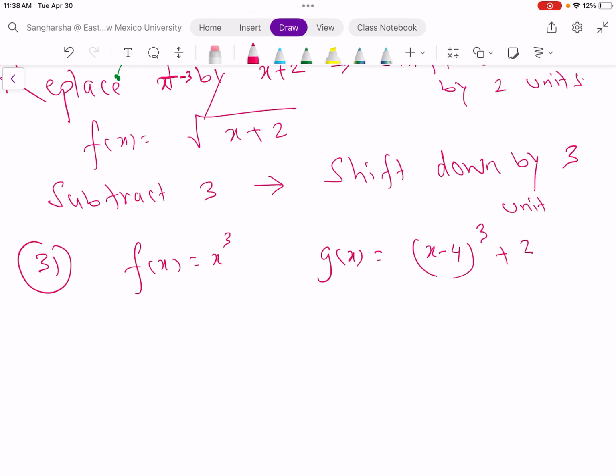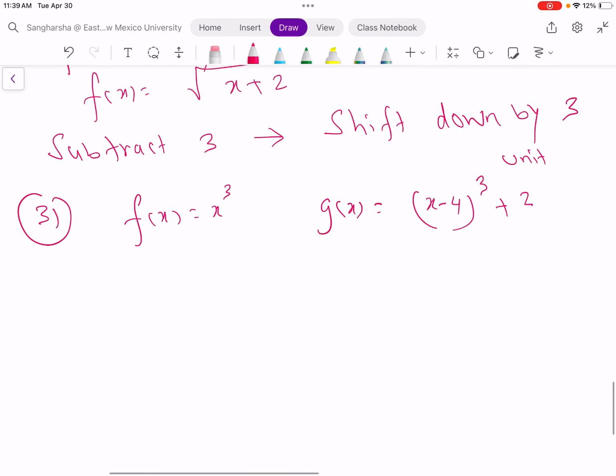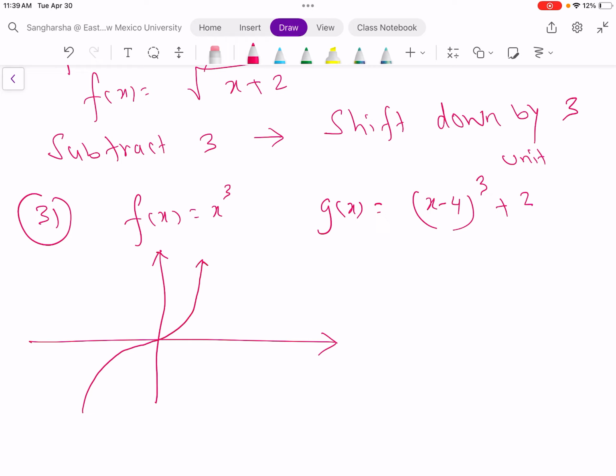You should know the shape of the graph for the basic function, and if you are confused, you can use points and plot. So let me draw a graph for the basic function, and you do the remaining. This is a cubic function, and a cubic function has a graph that looks like this.